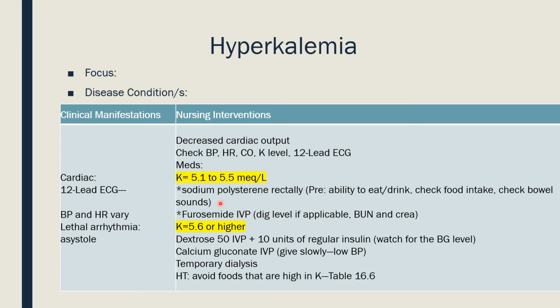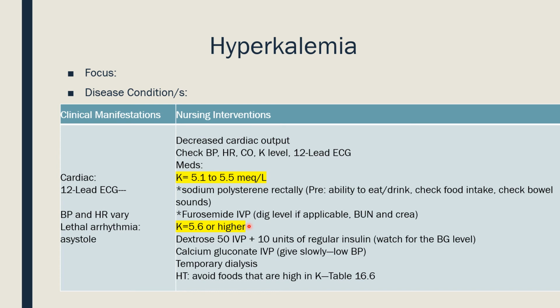Okay, or you can give diuretics like furosemide. It's just that you want to make sure you check the BUN and creatinine, and you want to check if the patient is also taking digoxin. Okay, because again, with digoxin, if the potassium suddenly drops, that predisposes your patient to develop digoxin toxicity.